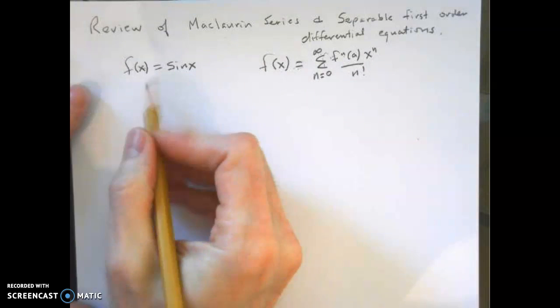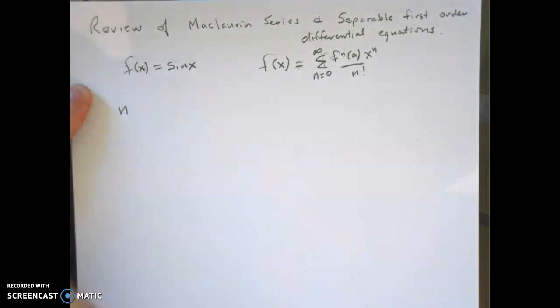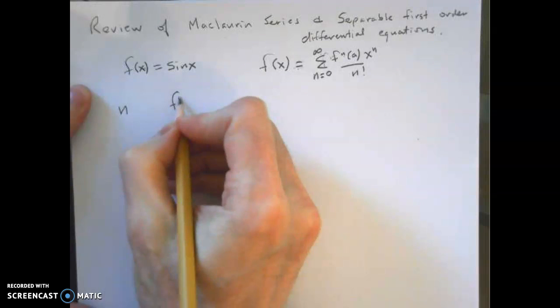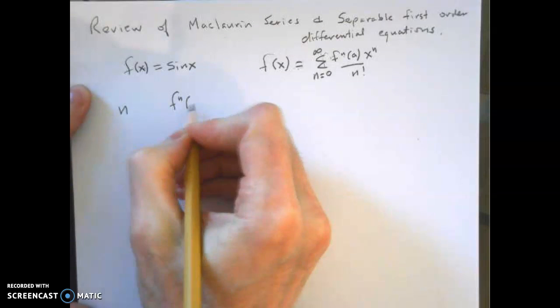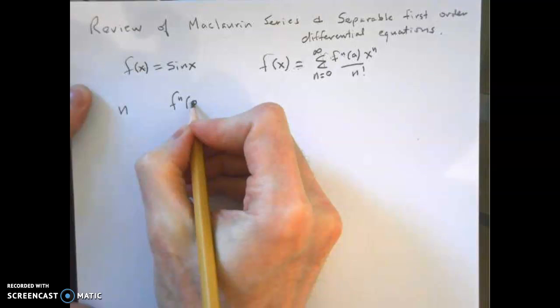Okay, so I'm going to attempt to make a chart. Your n, your nth derivative evaluated at x, and then the nth derivative evaluated at the center, and our center is going to be 0.